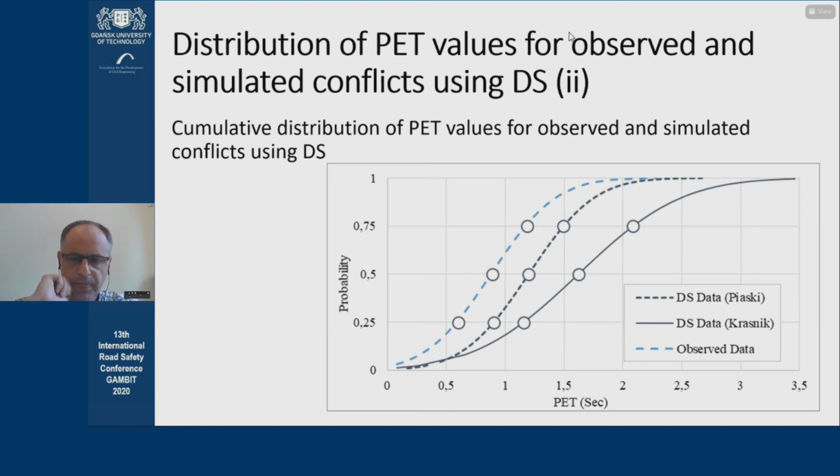With the Kraśnik side, quite off. Looking at PET. Now, what's the reason for this? Maybe it's the spacing of the poles. There aren't any in Kraśnik, but the observed conflicts came from each of the sides.